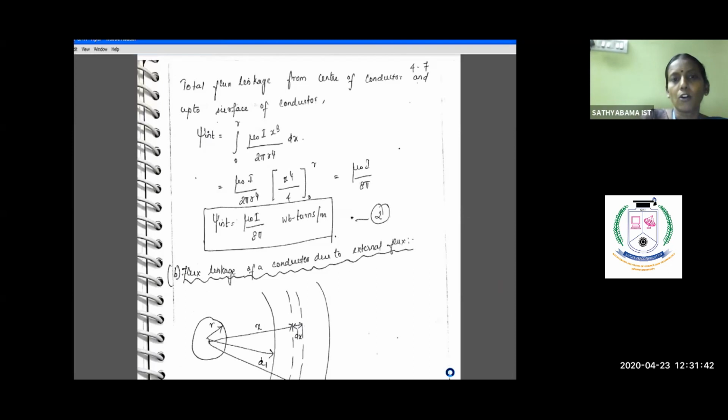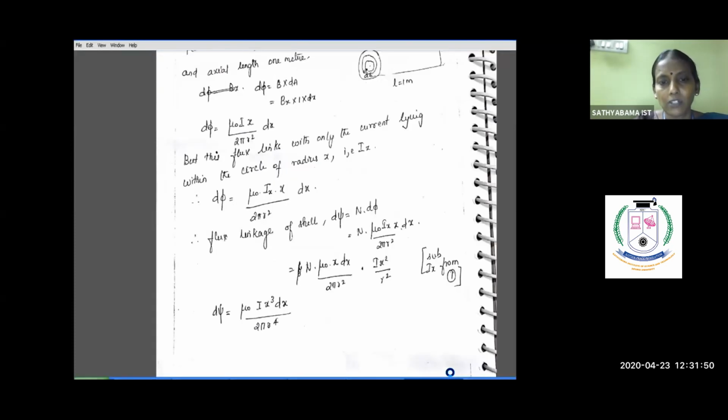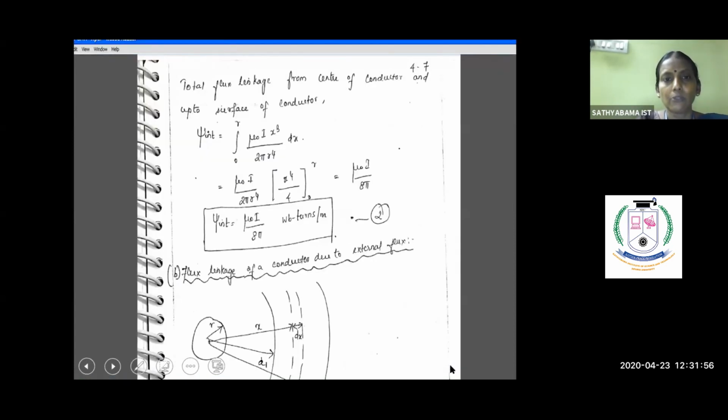So this is a small flux linkage here, but we are supposed to find what is the flux linkage within the conductor here. So whatever we have calculated as the last step, we are integrating. When you integrate it, you will get psi, which is equal to integral of mu naught I x cube divided by 2 pi r power 4 into dx. And we should know what is the limit of x here.